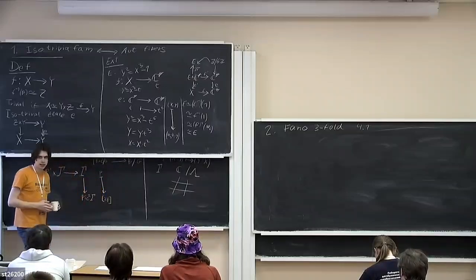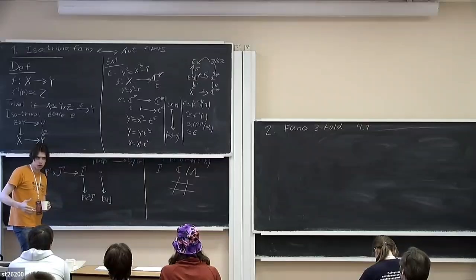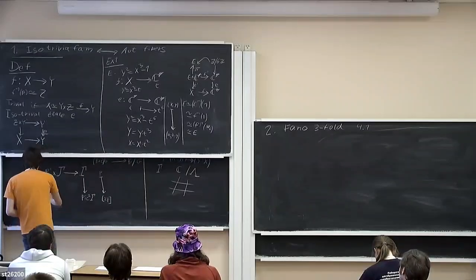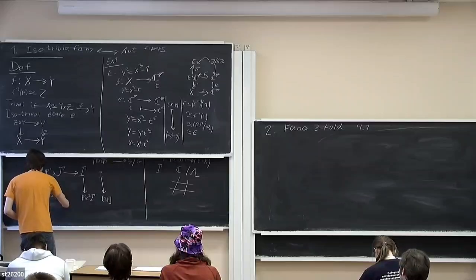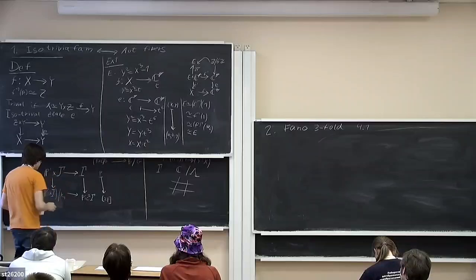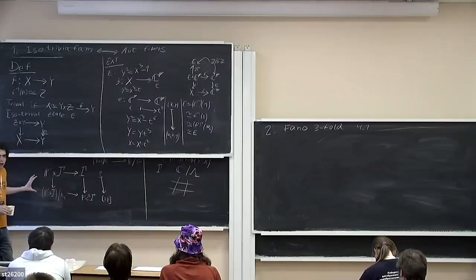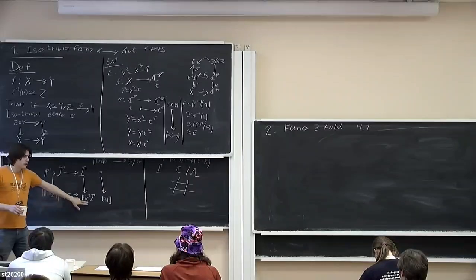So this is an isogeny of degree 4. And here we will have the quotient of P1 times gamma by the Klein four-group. This will be some non-trivial P1 fibration. And because this is a one-dimensional smooth projective curve, it will have to be the projectivization of some rank 2 bundle.